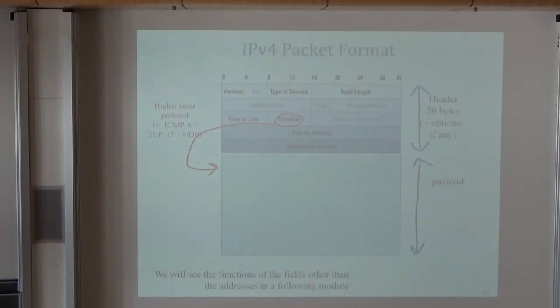Now, when you receive an IP packet, there is no way to know whether it's TCP or UDP other than if IP tells you what's inside. Because what's inside is bits. So you receive a string of bits. Is this an TCP segment or a UDP datagram? You don't know. If you know it, you can analyze the content, but if you don't know it, it's just a binary random thing.